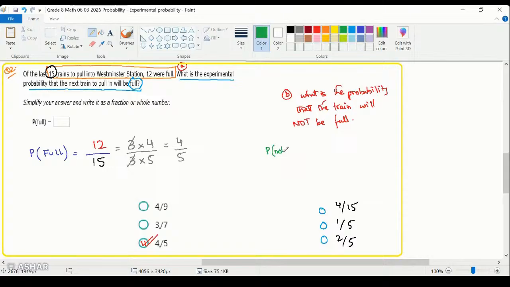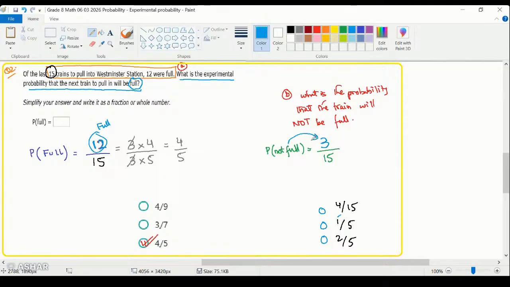Not full would mean, out of the total 15, if 12 were full, then 3 should be not full. If 12 were full, then not full should be 3, right?